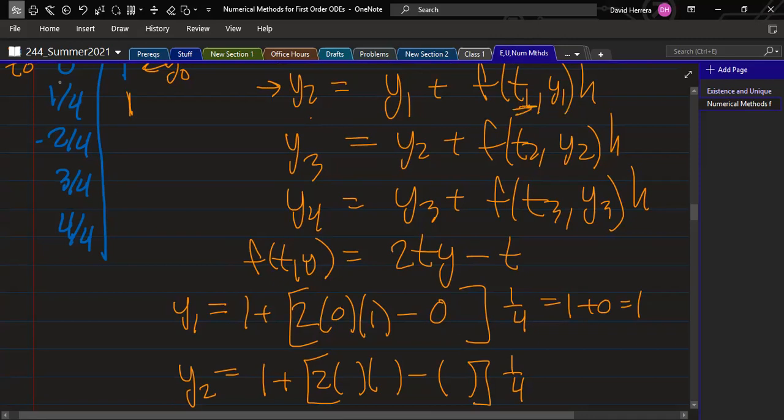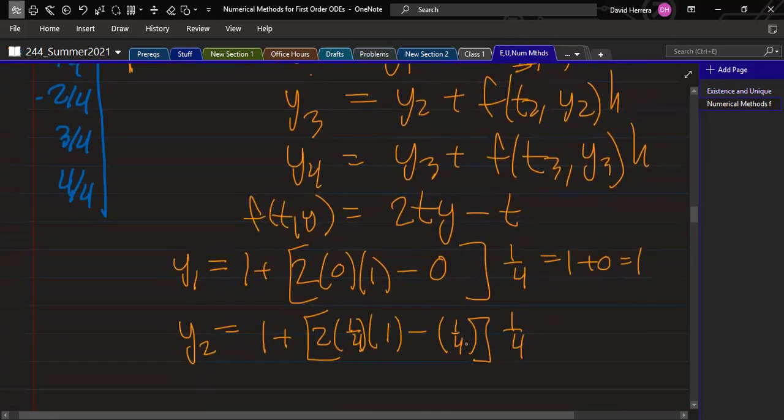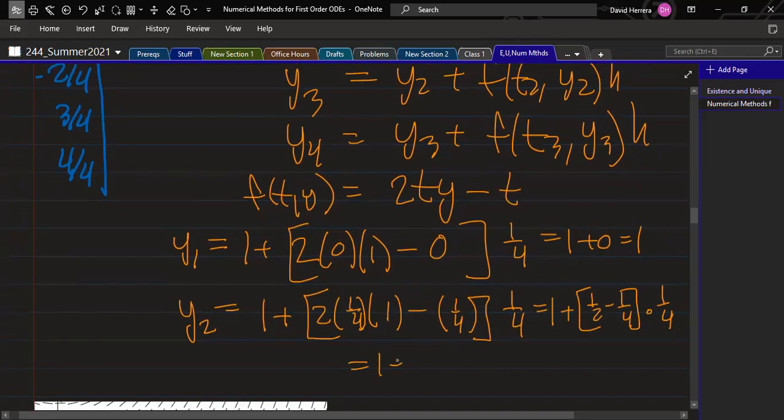So t1 was a fourth, and y1 was 1. And now you see everything doesn't cancel this time. So we get 1 plus, let's see, 2 times a fourth is a half, minus a fourth. So we get 1 plus 1/4 times 1/4, which is 1 plus 1/16.